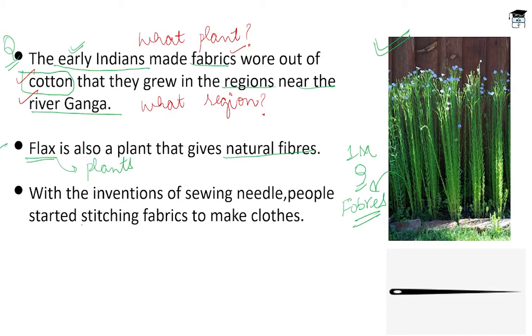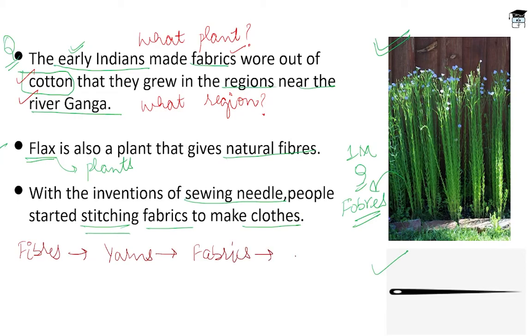Now, with the invention of the sewing needle, this is the sewing needle, people started stitching fabrics to make clothes. Students, understand this. We know we use fibers to make yarns, and we use yarns to make fabrics, and these fabrics are used to make our clothes.